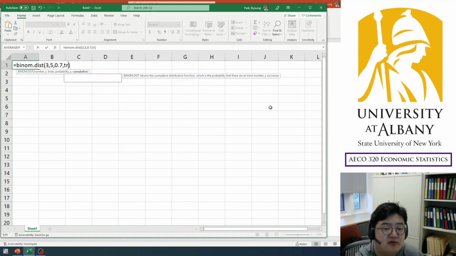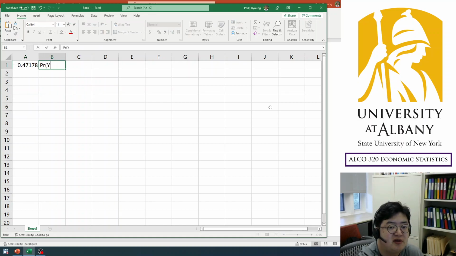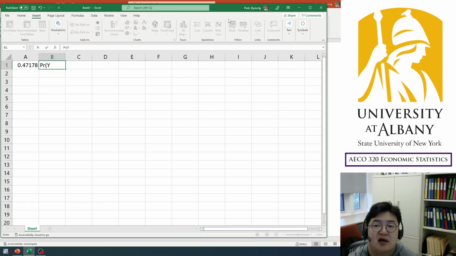Finally, I'm going to set the cumulative option as true. Then it calculates the probability that Y is smaller than or equal to 3.